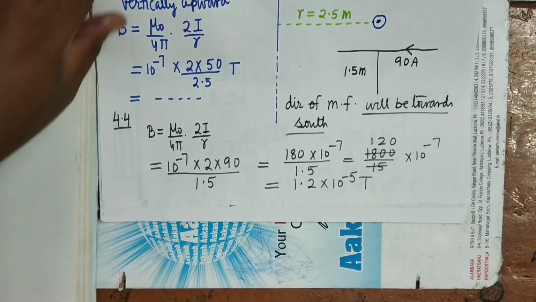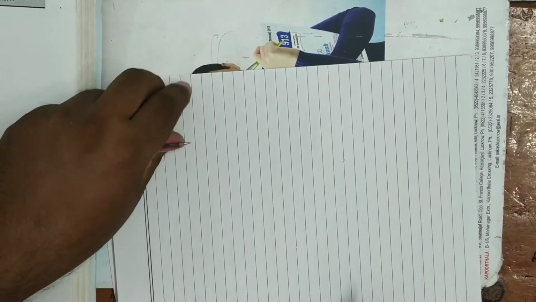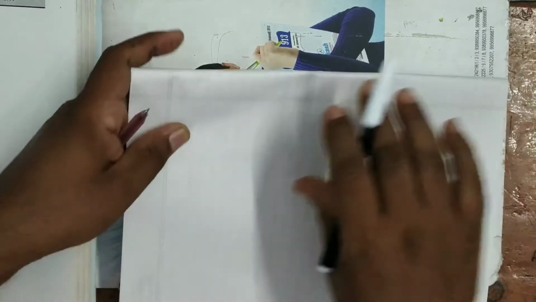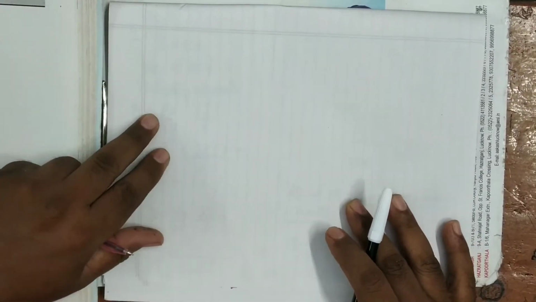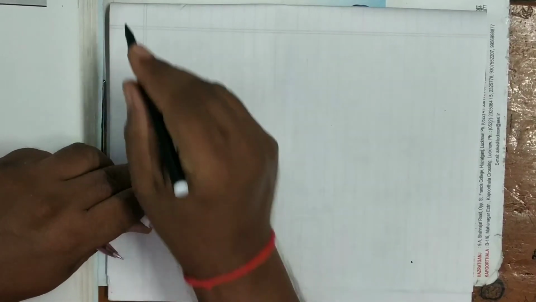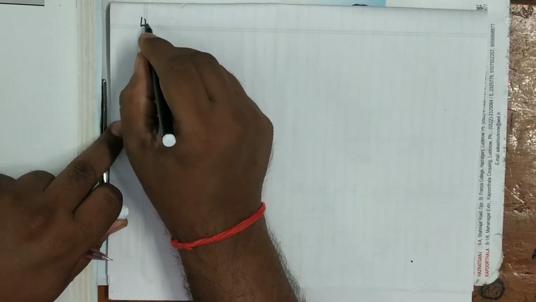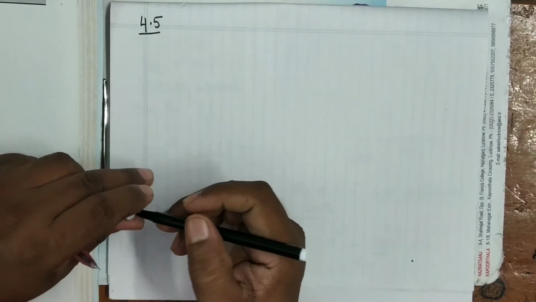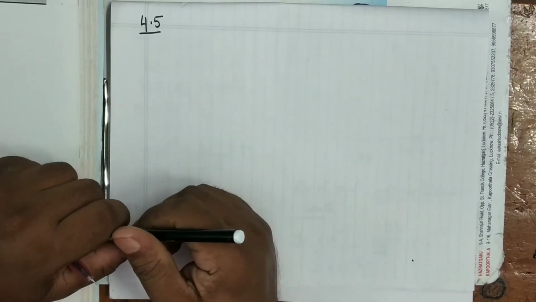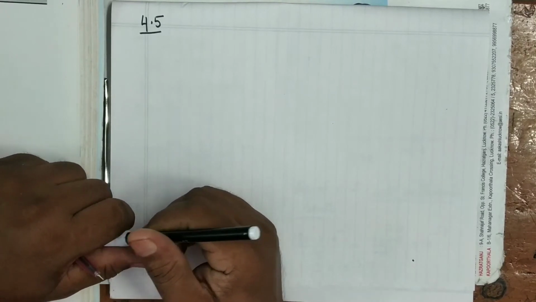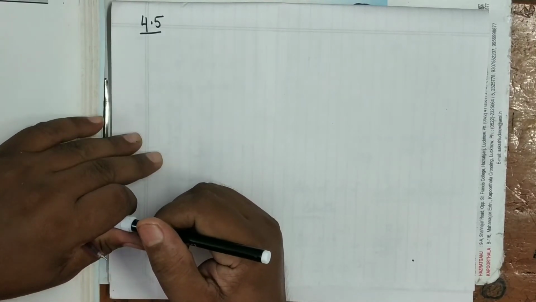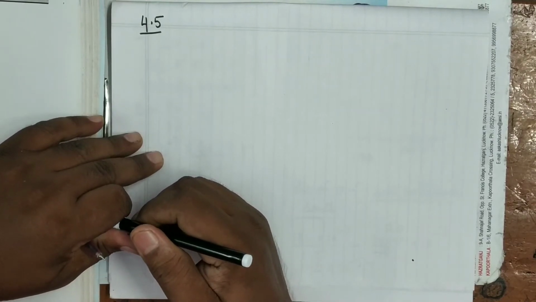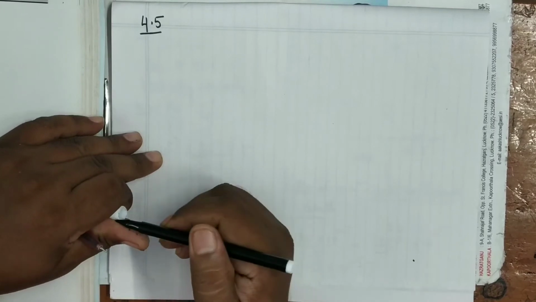Now see question number 4.5. What is the magnitude of magnetic force per unit length on a wire carrying a current of 8 ampere and making an angle of 30 degree with the direction of uniform magnetic field?